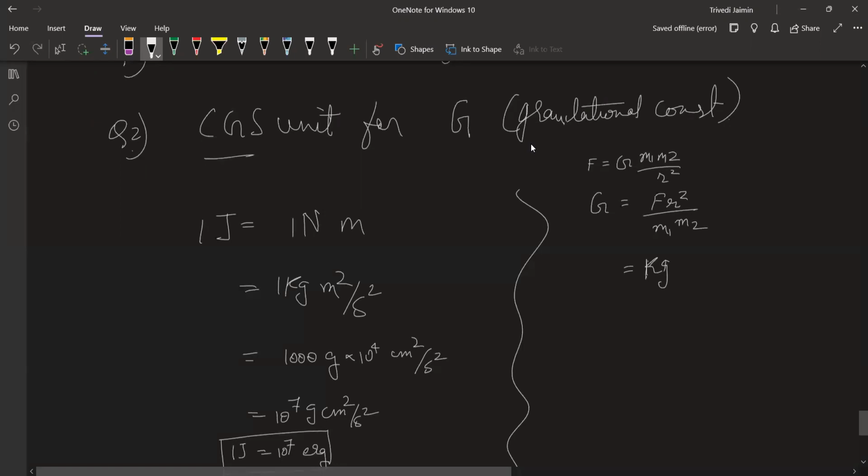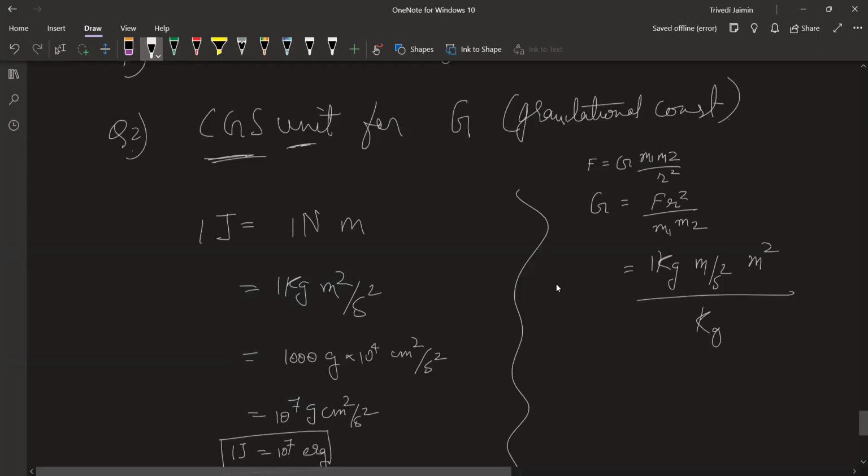No, I just want CGS units. Okay, sure. So you want CGS units? Yes, sir. I just want CGS units. Okay. kg meter per second square by kg, and then another kg.